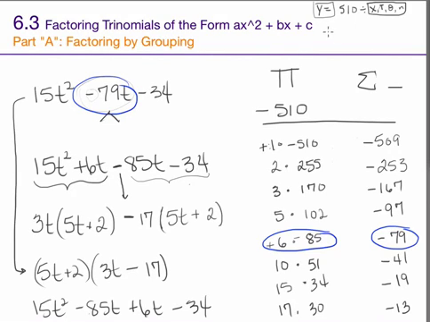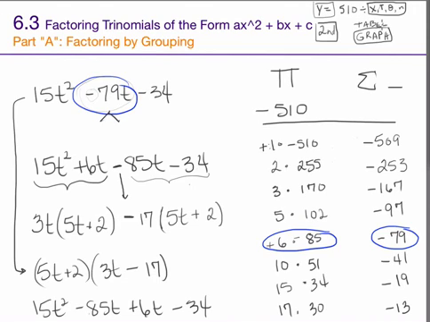Once you've done that, hit the second button and then the graph button. Notice that over the word graph on this button, it says table.